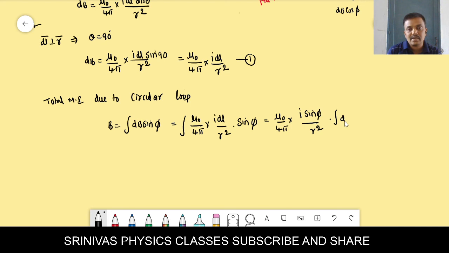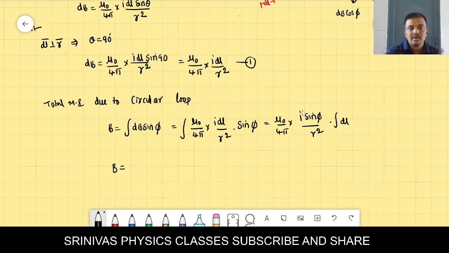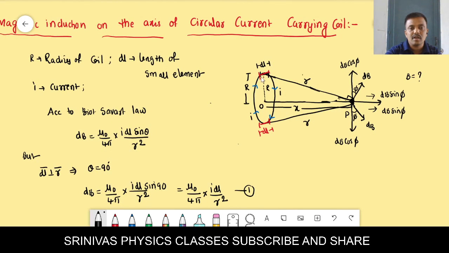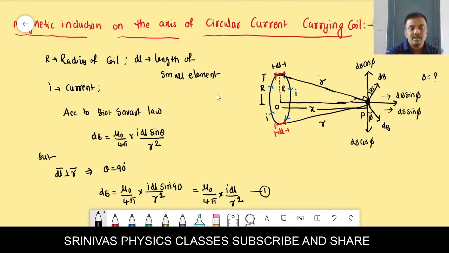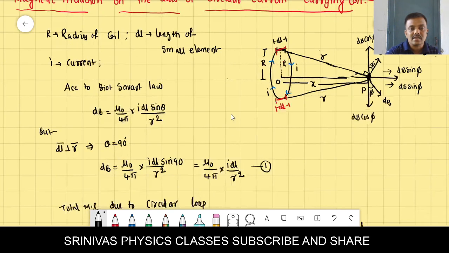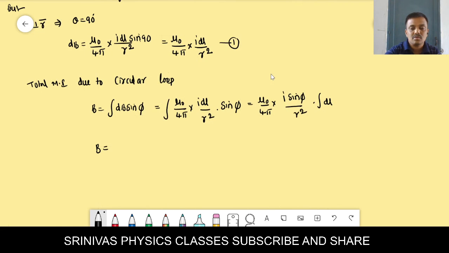We write integration dl. What is integration dl from the figure? Can anyone tell? dl is a small element length on the coil. Is it right? Integration dl gives the full circular coil length. That is the circle length, equal to the circumference. What is the circumference? Capital R is the radius.